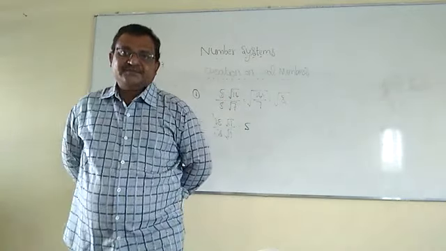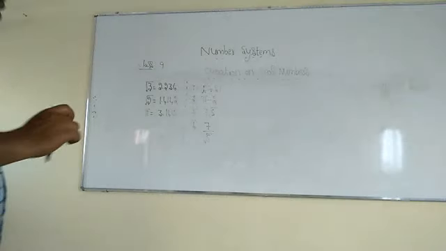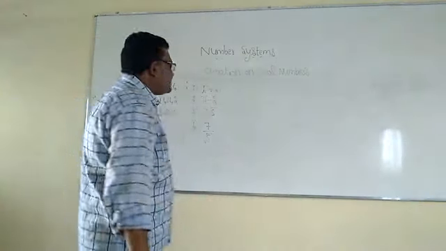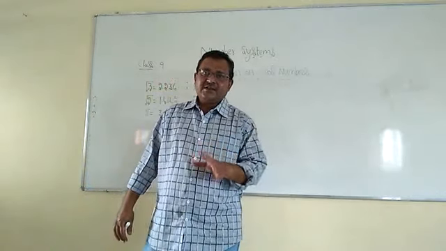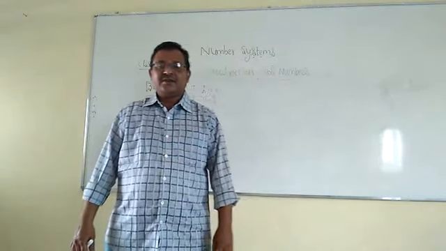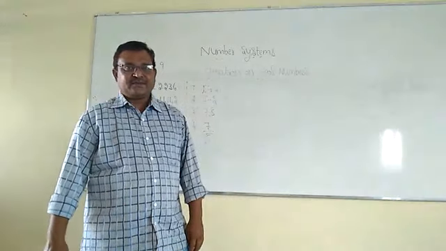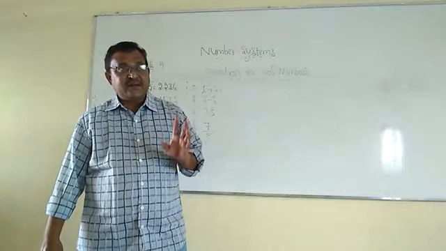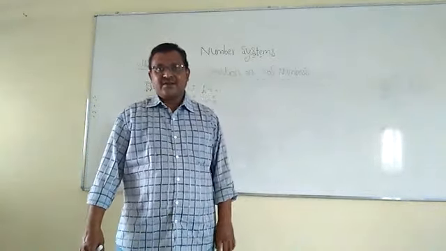And the next, so we observe some difference: in addition, subtraction, multiplication and division of irrational numbers, the result is sometimes rational or sometimes irrational. And addition, subtraction, multiplication and division of rational numbers is always a rational number.